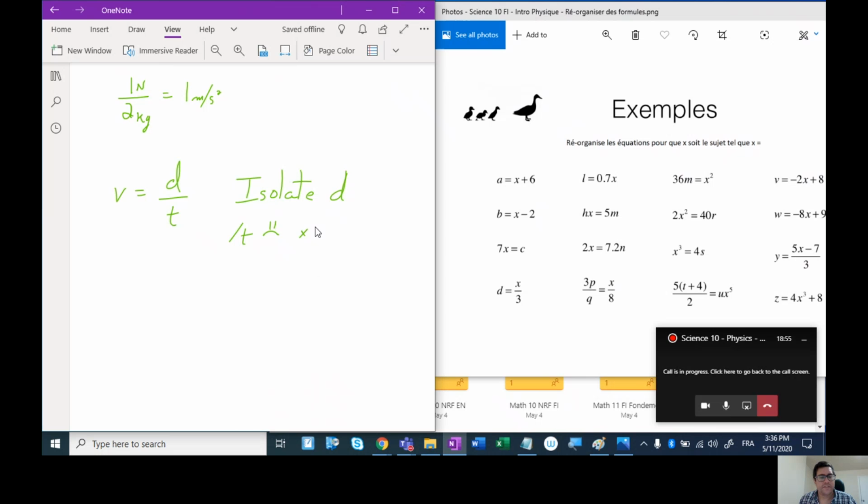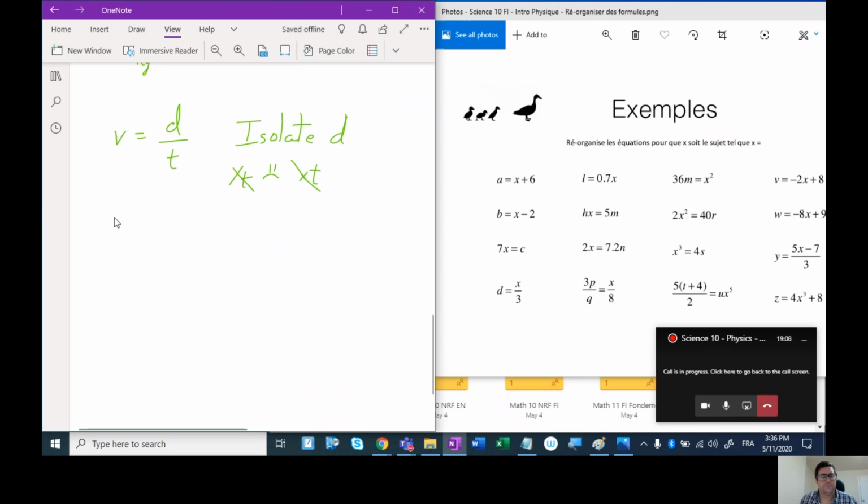We're going to do times t, and you're going to see why I don't like x here. So if you divide by t and multiply by t, it should cancel out. So let's do that. We're going to multiply by t.